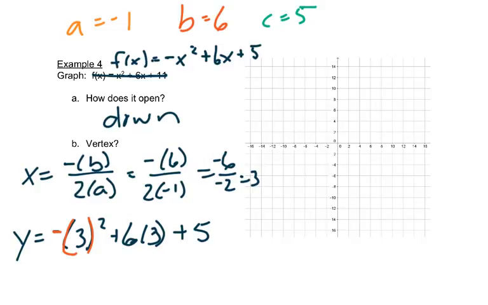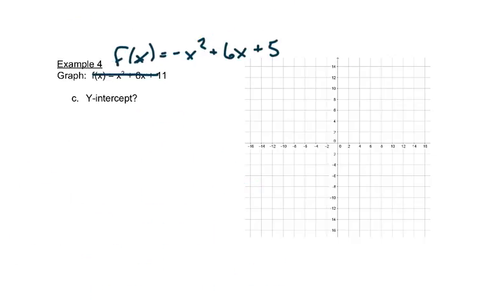And when you type it into your calculator, you need to have it written like that, or else you'll get the wrong answer. So you get y is equal to 14 here. So that gives us the vertex of 3, 14, which would be right here. So our vertex again was 3, 14 right here.